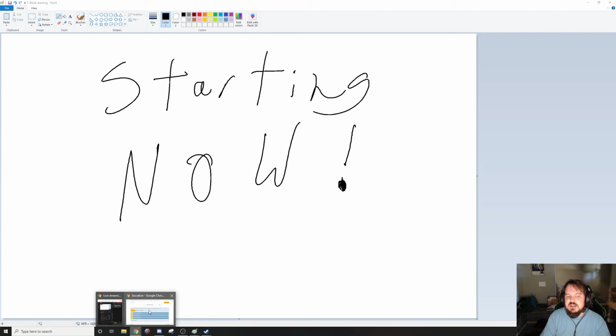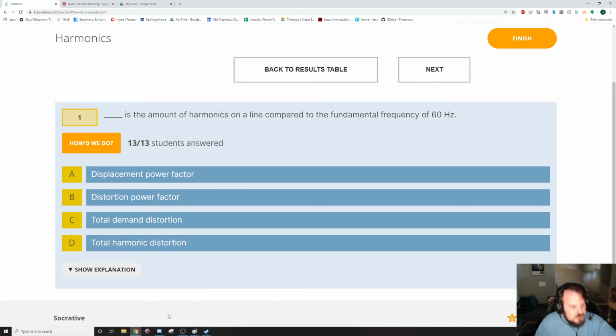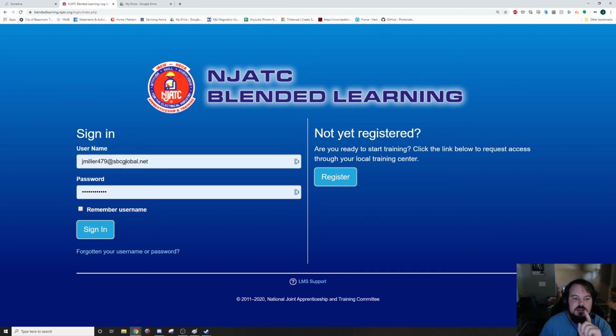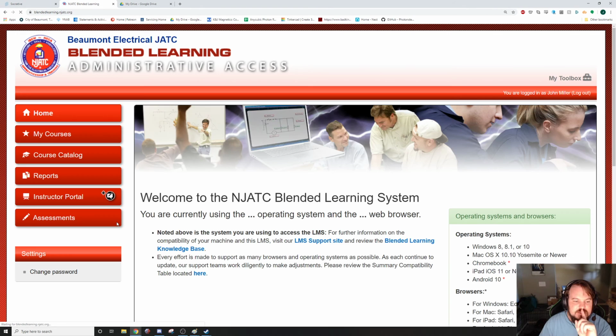The reason I draw it every time is so that if you're just scrolling through, you'll see it. All right, so, oh, my holder is over there. Blank is the amount of harmonics on a line compared to the fundamental frequency of 60 hertz.